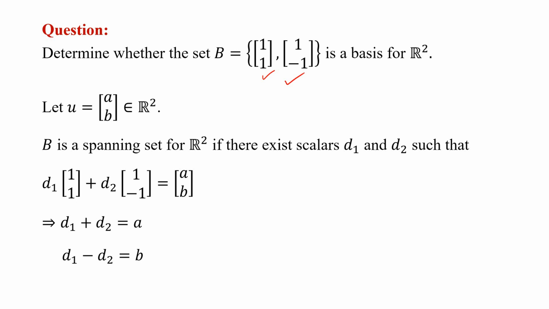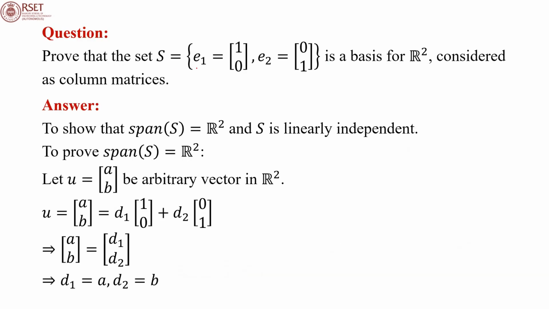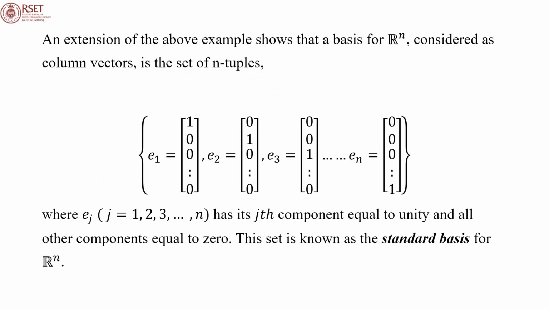Now we have to see an extension of the basis which we have seen earlier. This example, this S, the set {(1, 0), (0, 1)}, is actually called the standard basis for R2.